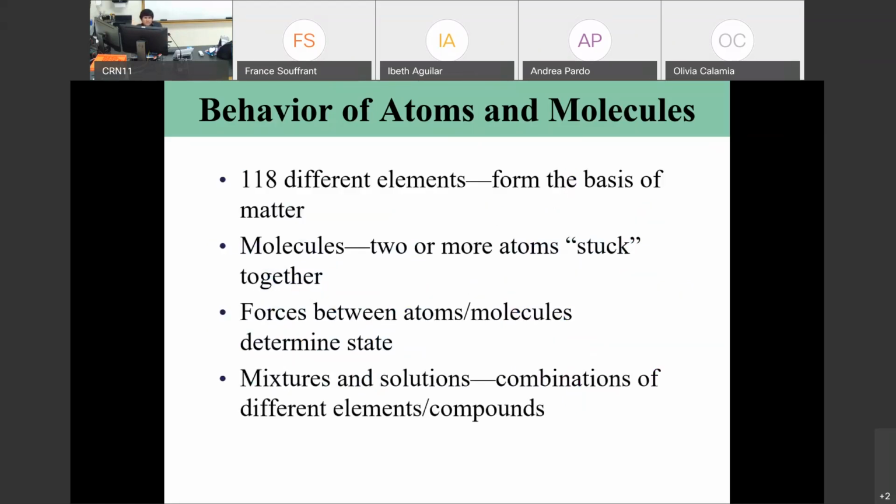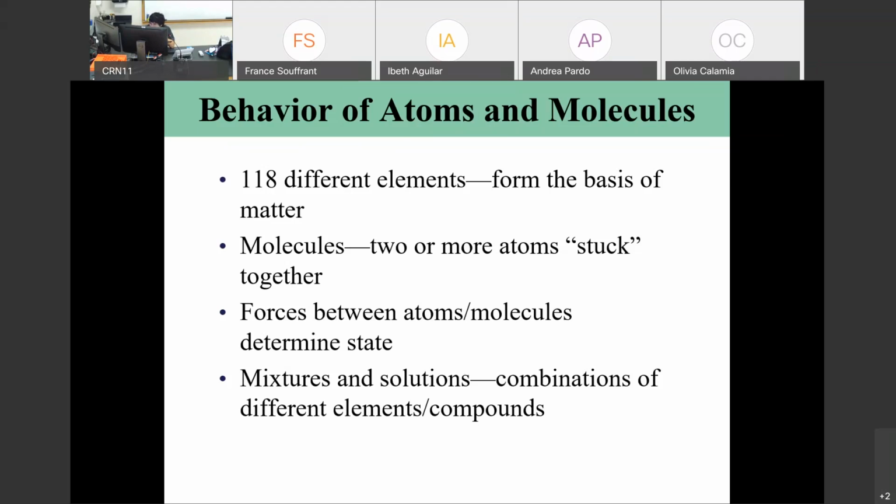Now, just as a summary, there are 118 different elements we keep discovering. So don't be surprised if we found one more this year. Molecules: two or more atoms stuck together. The forces between the atoms and molecules determine the state. Then we have compounds.